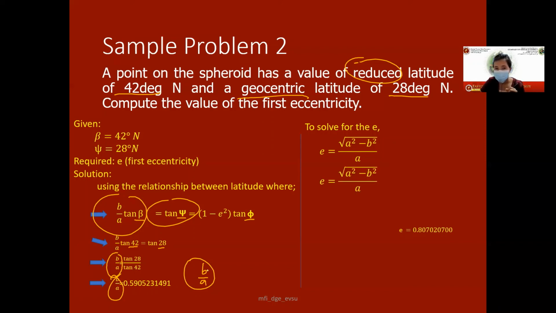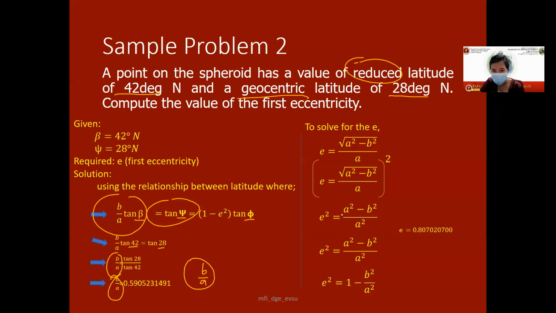So, if we take the square of this whole formula, e squared is equal to a squared minus b squared all over a squared. Since we take the square of the whole equation, this becomes a squared minus b squared all over a squared.